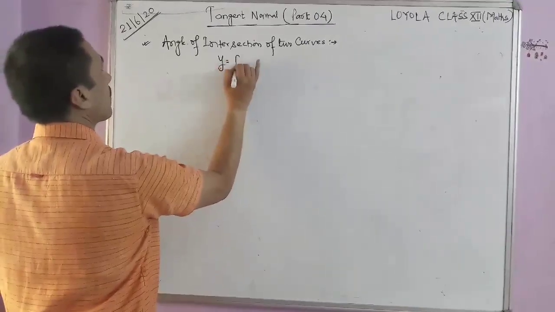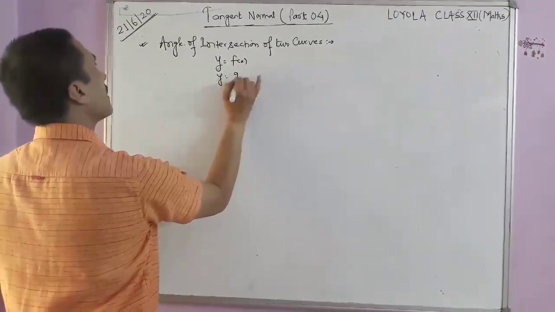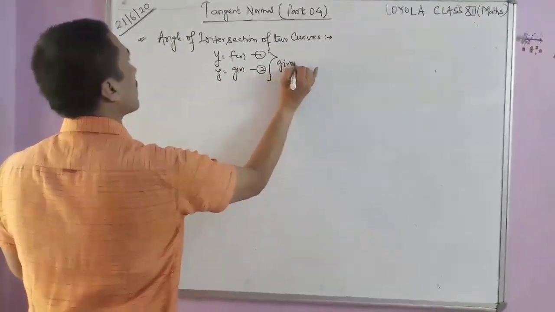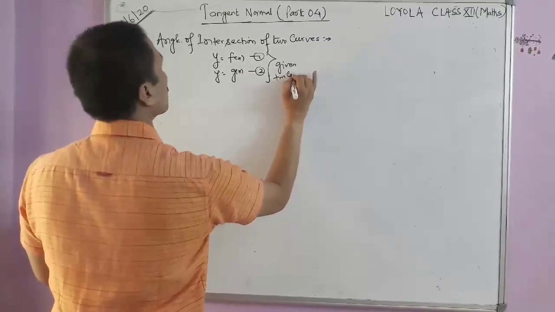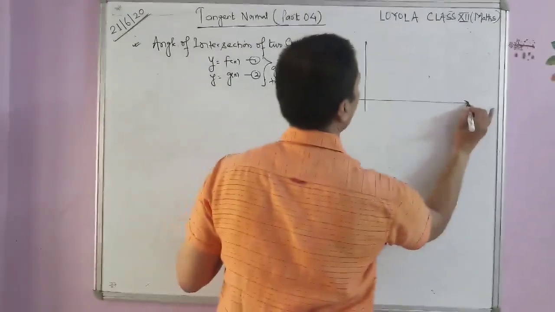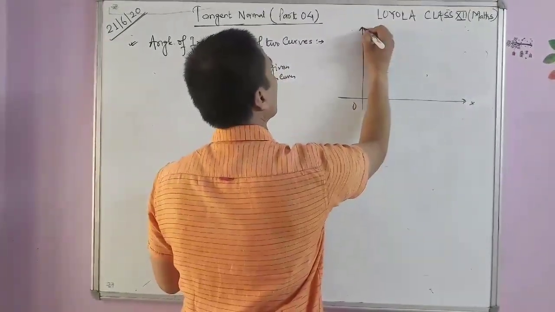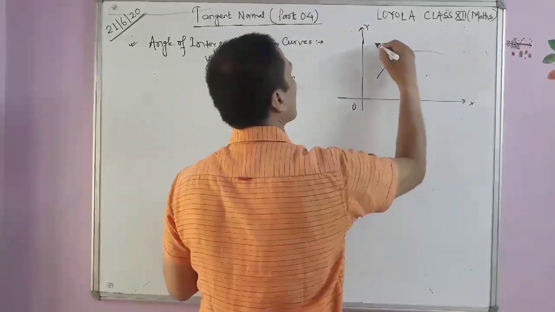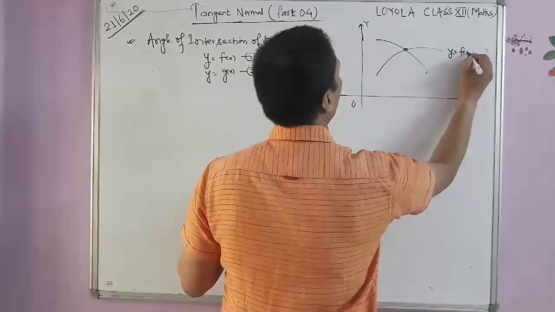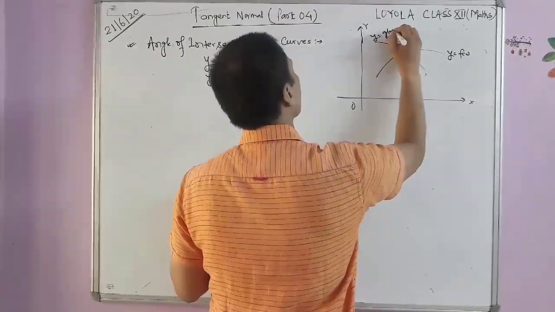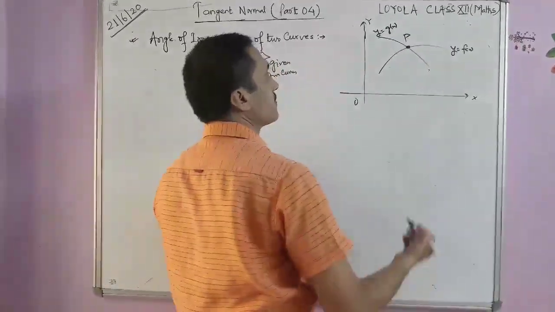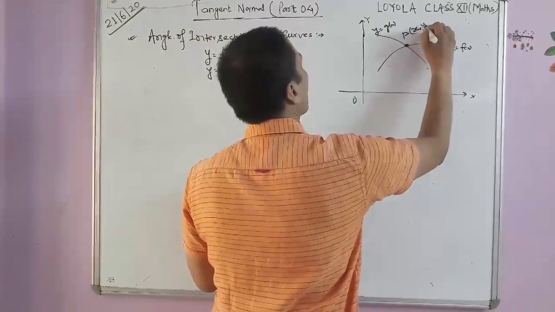Let y equal to f(x) and y equal to g(x). We have given two curves. This is y equal to f(x), this is y equal to g(x), and their point of intersection is P, coordinates (x1, y1).